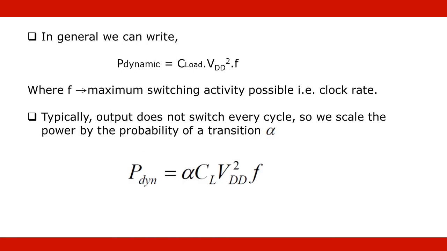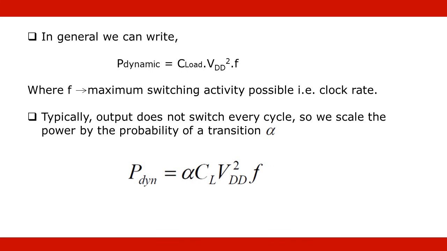In general, we give the dynamic power dissipation as the load capacitance CL times VDD square times F, where F is the maximum switching activity possible, also called the clock rate.